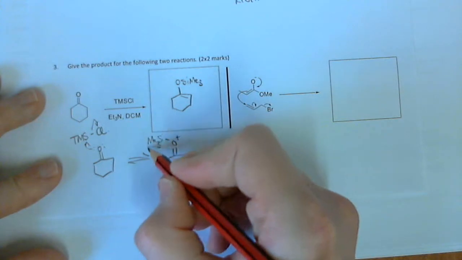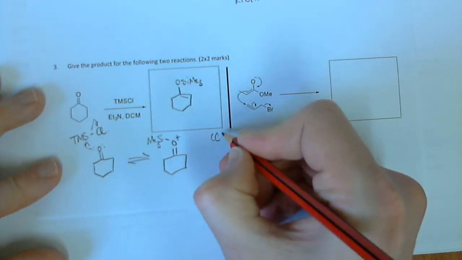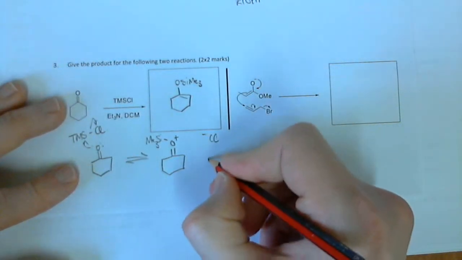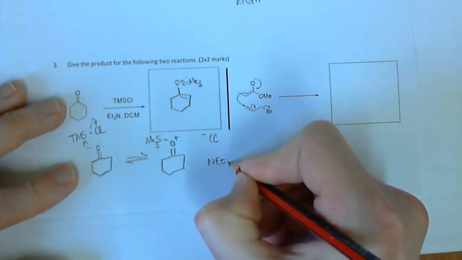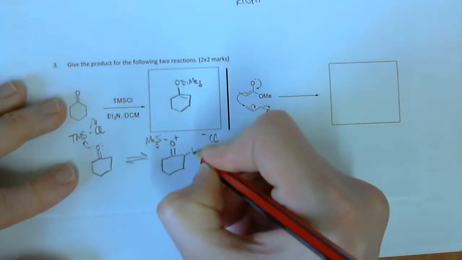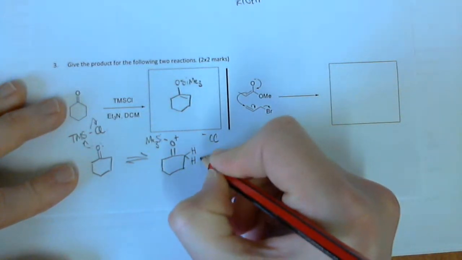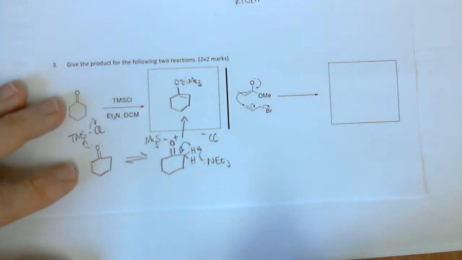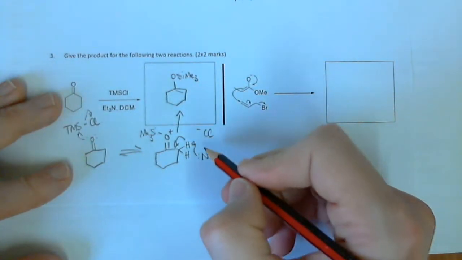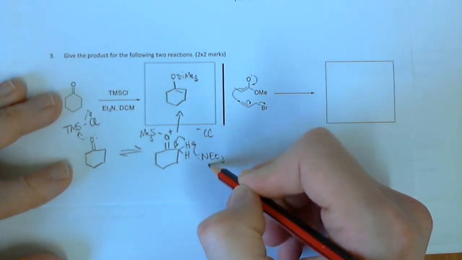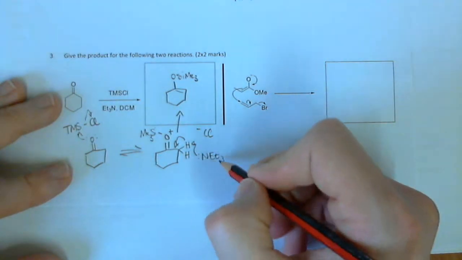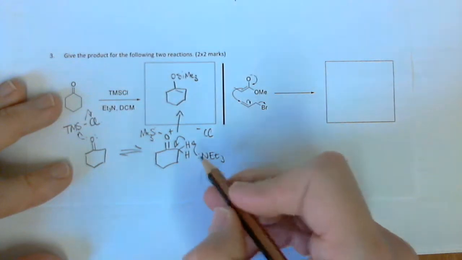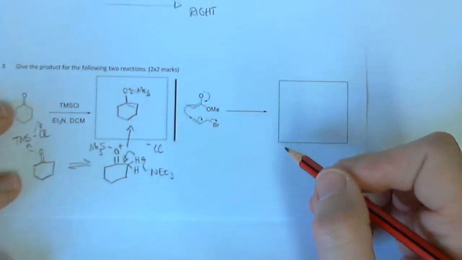It's just like this was an H on there, and we've got a Cl minus. And now the triethylamine, which is a weak base, is strong enough to deprotonate and form the product over there, the silyl enol ether, and we're then left with the protonated triethylamine, the triethylammonium salt with the chlorine. That's just the mechanism that you should know.